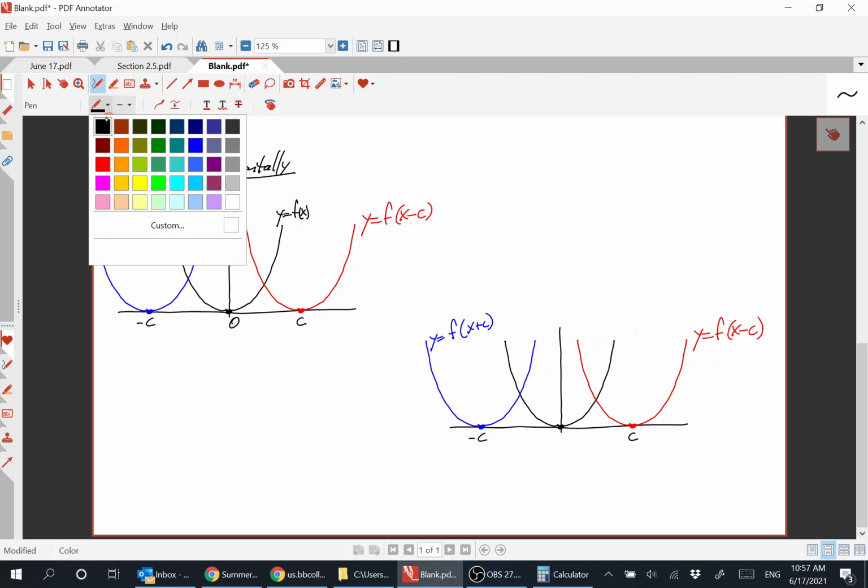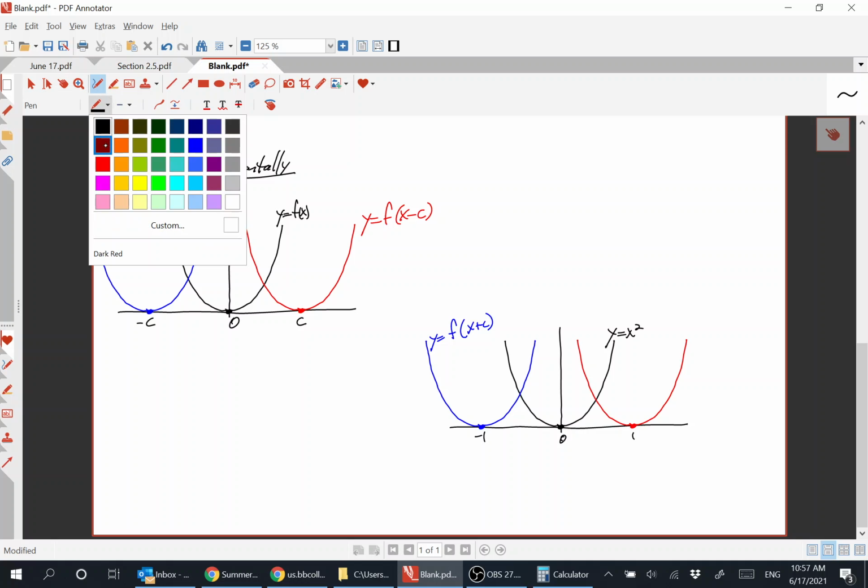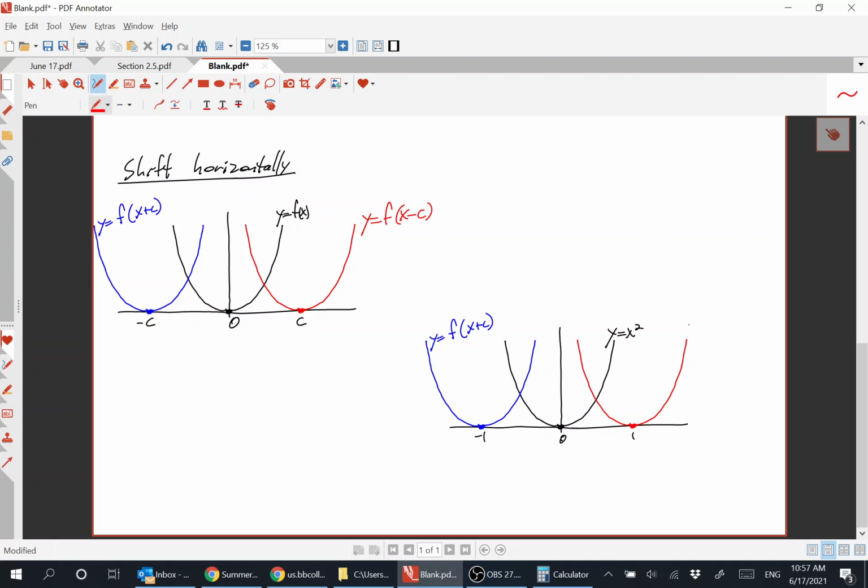So, for example, if this black function is y equals x squared, and then this is, say, 1, 0, negative 1, the red function is y equals x minus 1 squared.